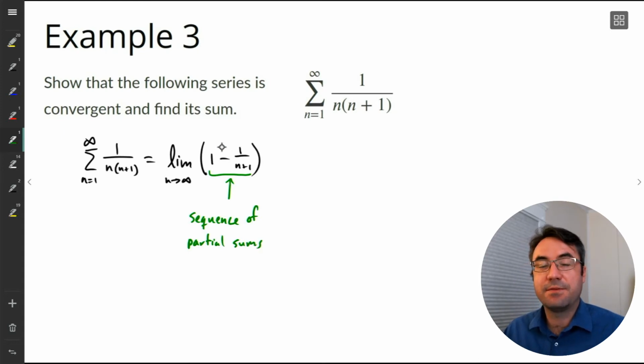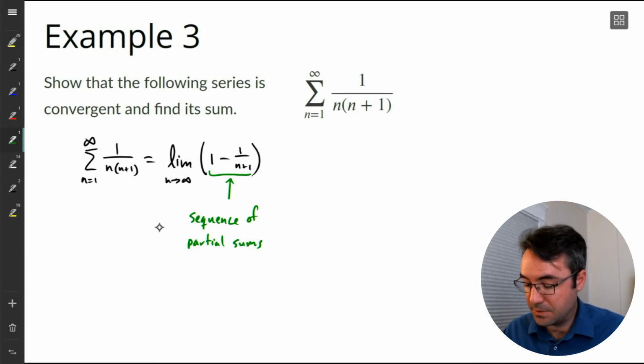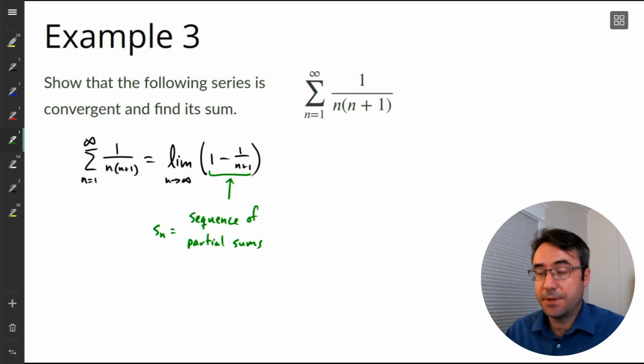We have this nice little formula for our sequence of partial sums, and we're doing the limit as n goes to infinity. So this is S sub n. All right, so this is something we can just do.